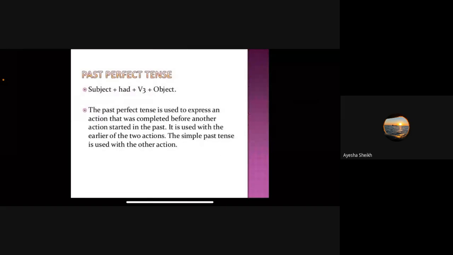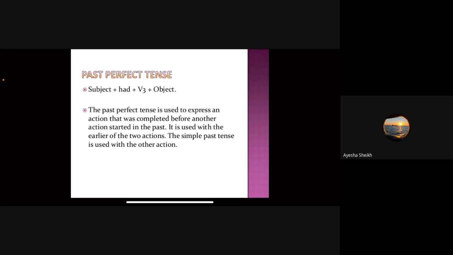Past perfect tense. Subject plus had plus V3 plus object. The past perfect tense is used to express an action that was completed before another action started in the past. It is used with the earlier of the two actions. The simple past tense is used with the other action.